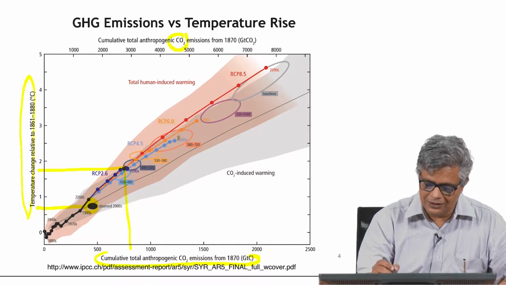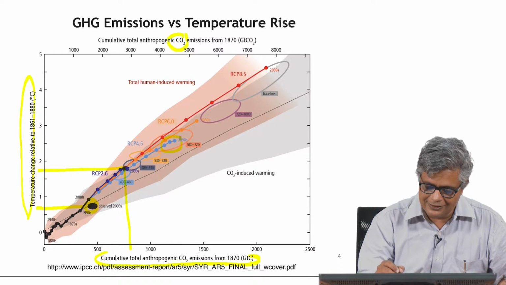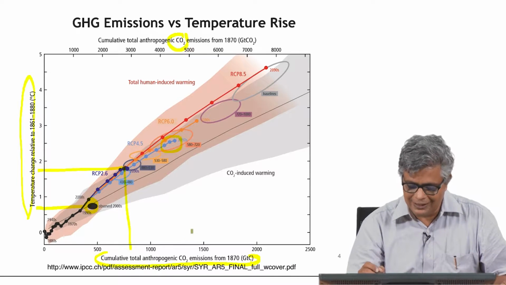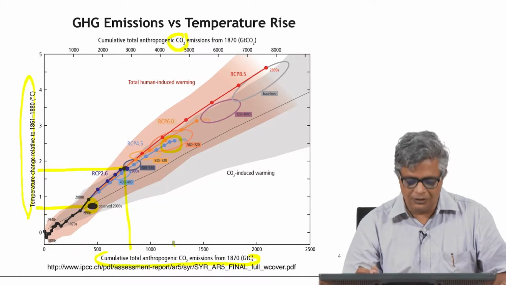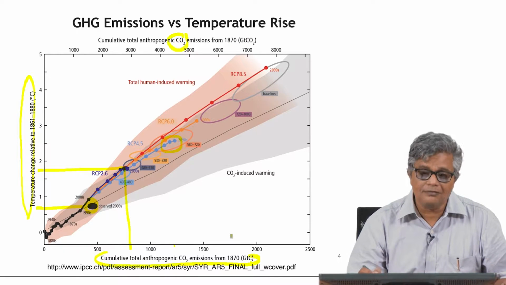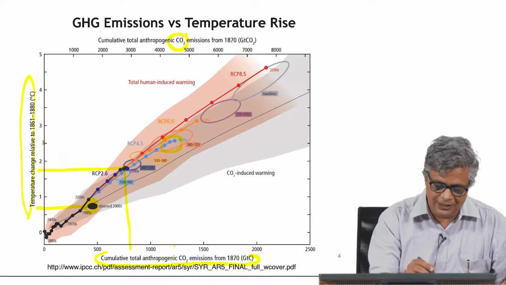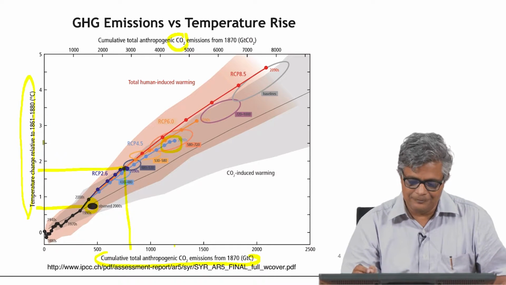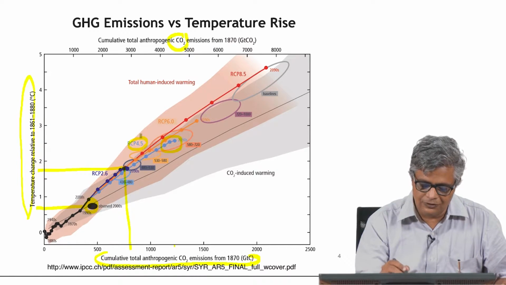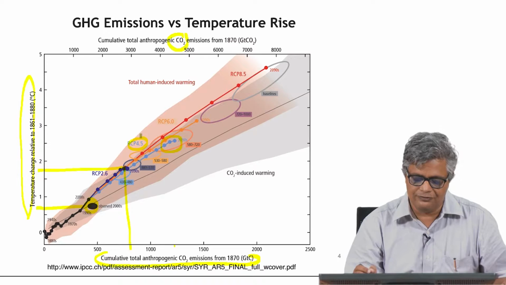If you go to the higher level and reach 1200 gigatons of carbon by 2090, then the increase would be about 2.5 degrees centigrade, and this is the radiative forcing equivalent of 4.5.